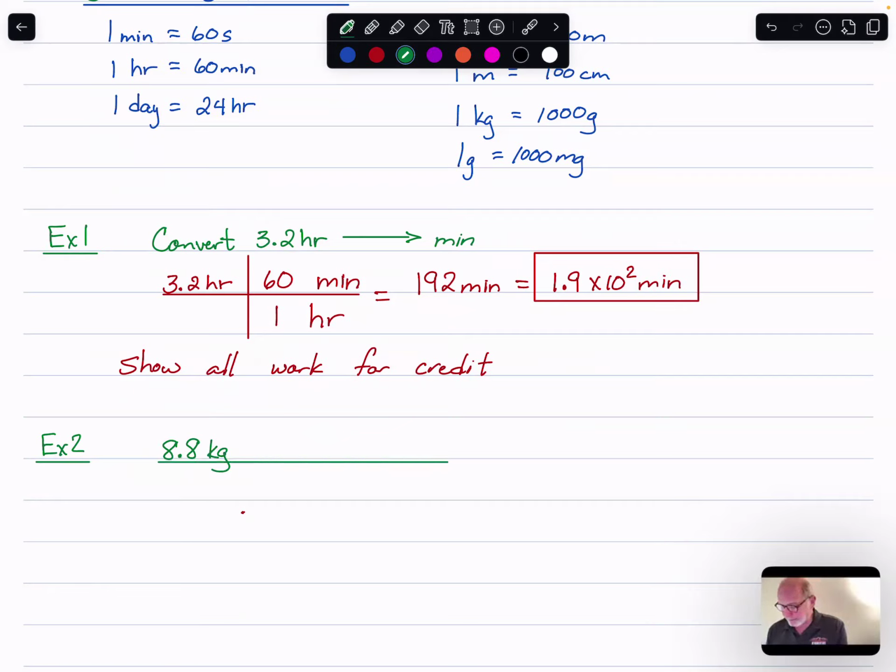It's going to be about 20 pounds, 8.8 kilograms. Let's convert that to grams. So let's start with the 8.8 we've been given.